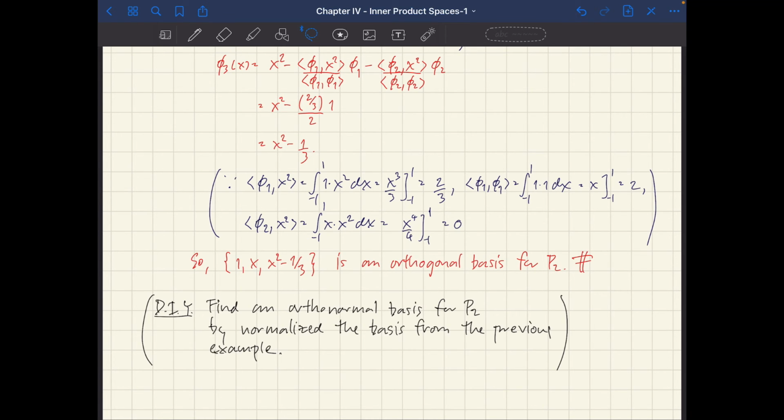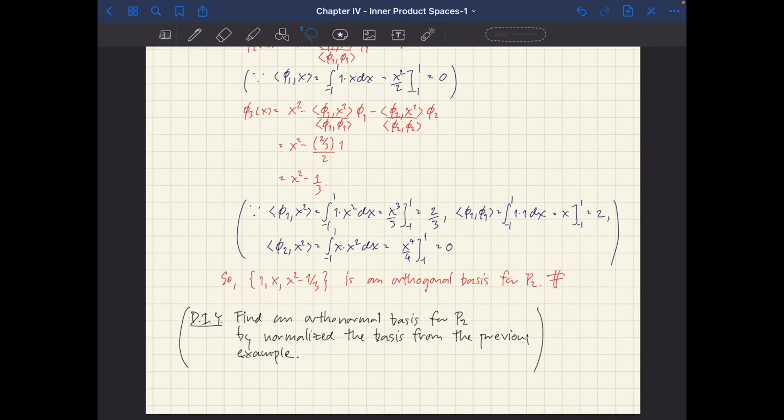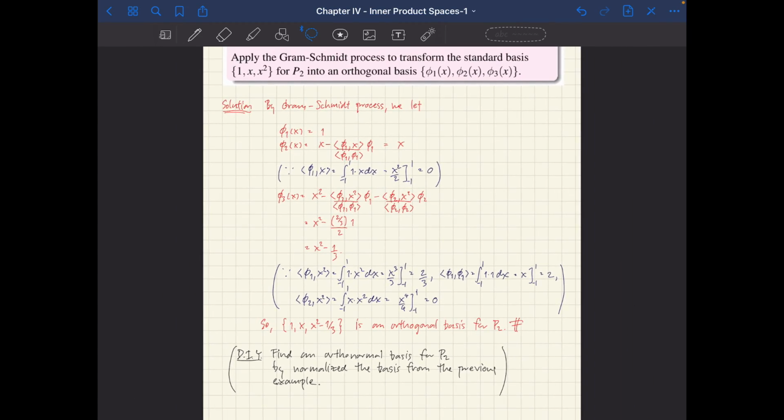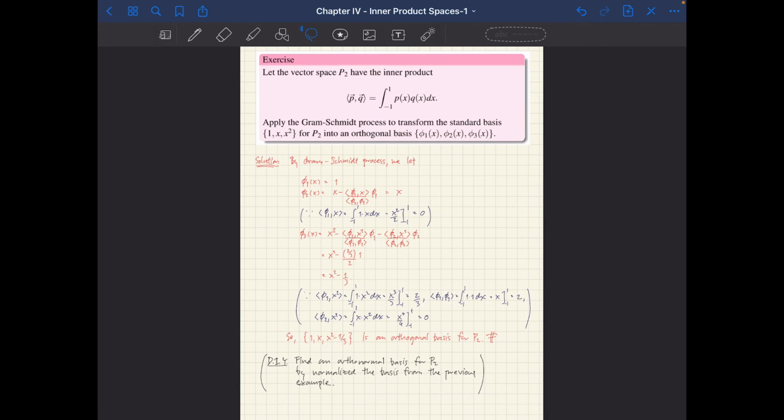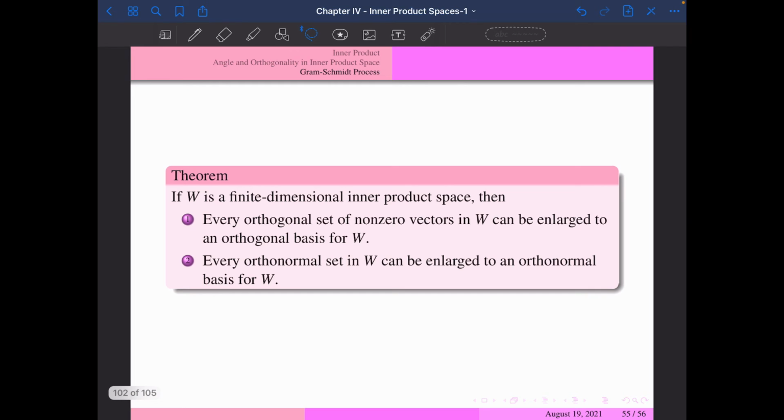So for the orthogonal set, we have something like I said before. If W is a finite dimensional inner product space, then number one, every orthogonal set of non-zero vectors in W can be enlarged to an orthogonal basis for W. And number two is the same but changed from orthogonal to orthonormal.